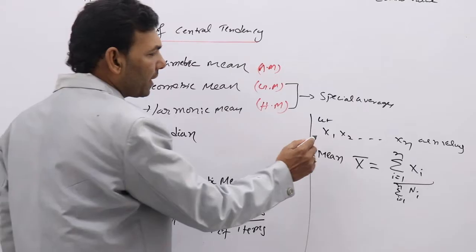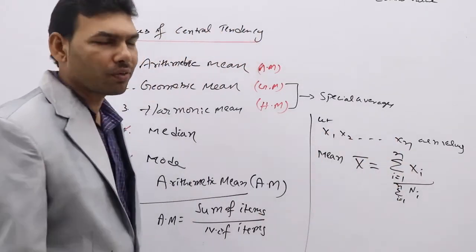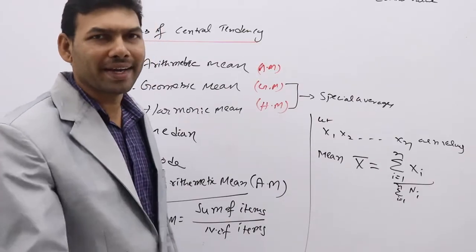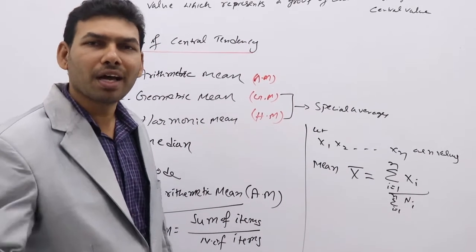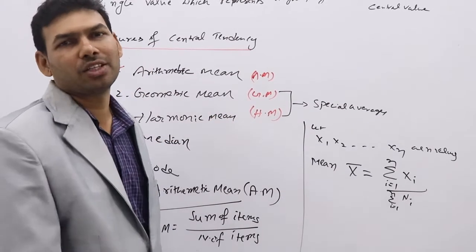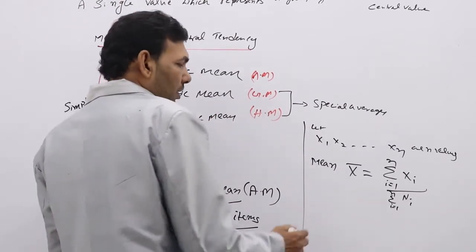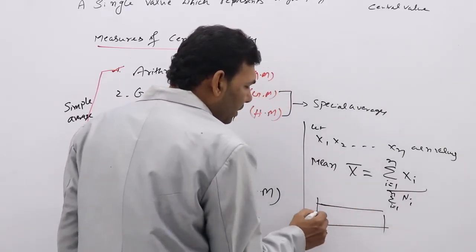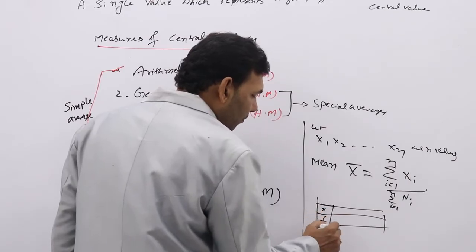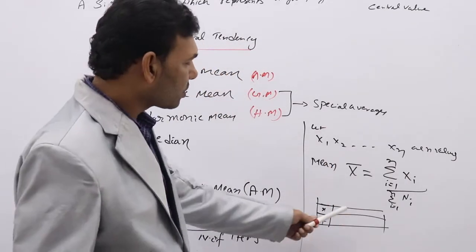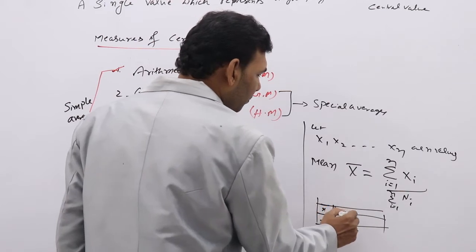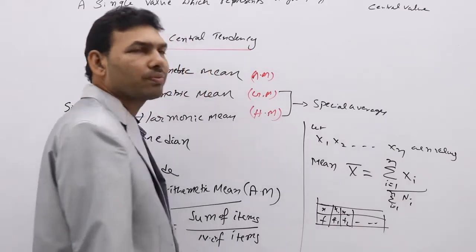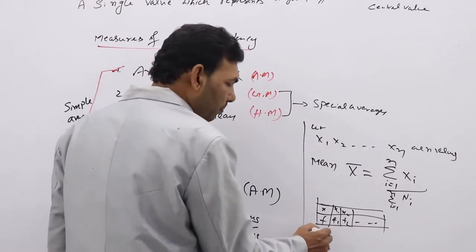When this type of data is given, a series of data, we call it discrete data, raw data. If 10 values are given, add the 10 and divide by 10, and you will get the arithmetic mean. For example, if data is given in this model, x and f, with x values like x1, x2, x3 and f values like f1, f2 and so on, then how to find the mean?